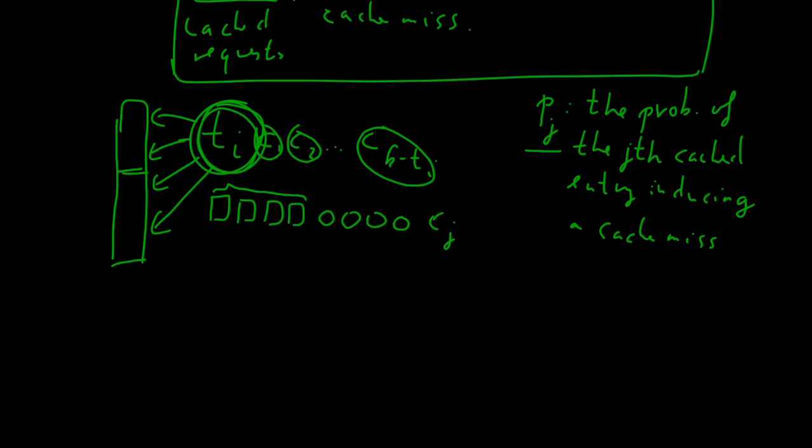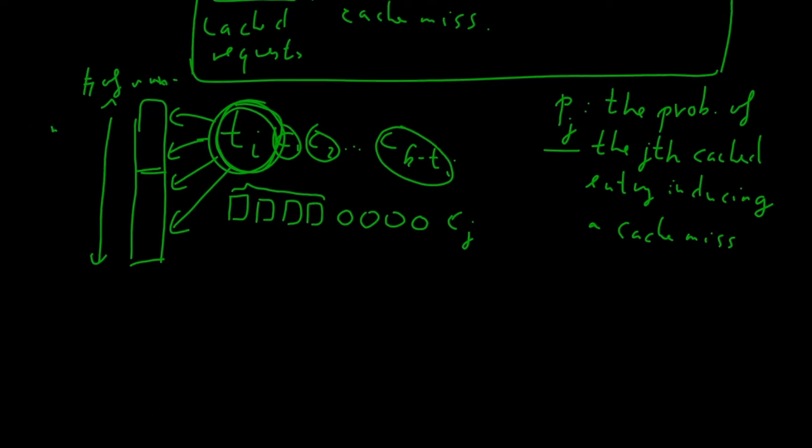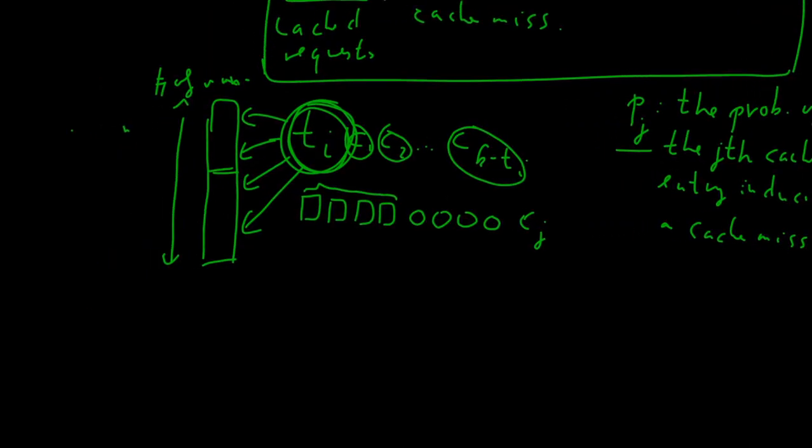And the important thing here is the number of unmarked elements. So I will have a recursive formula of Pj, a recursive formula of the jth free element inducing a cache miss. It will depend on the number of unmarked elements still in the cache.